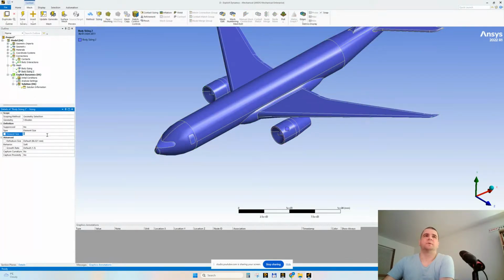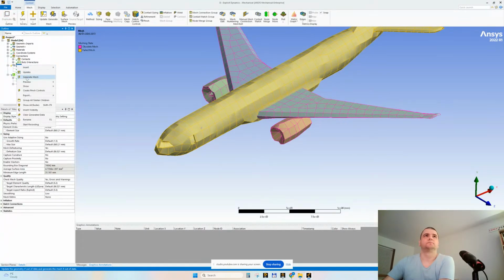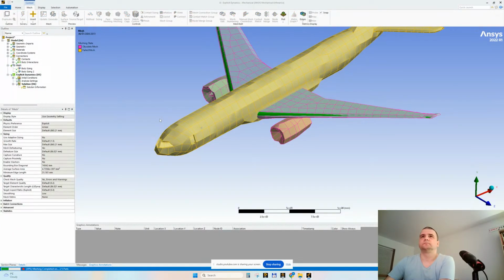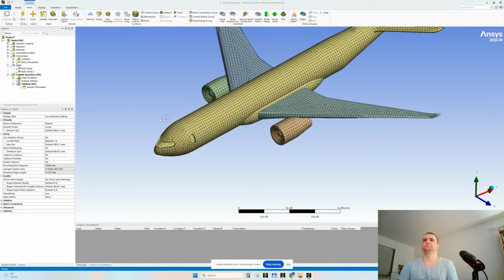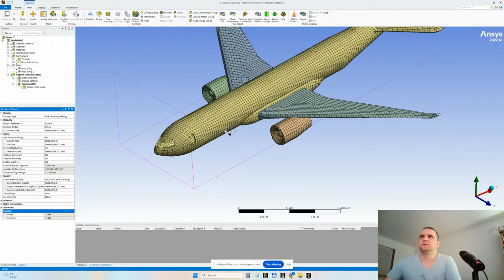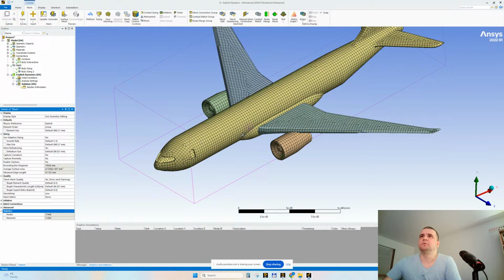How much should we make it? I don't know, 250? I kind of remember these values from what I have done in the past.